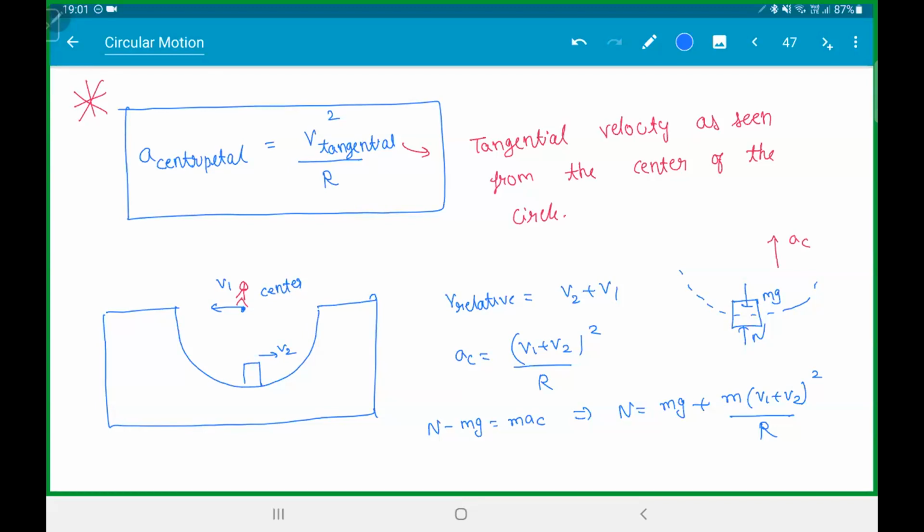All clear, everyone? Anything you're not convinced, please ask. It's a good one. If you see, these questions are not tough, but they're easy to mess up, so you need to know your concepts properly.